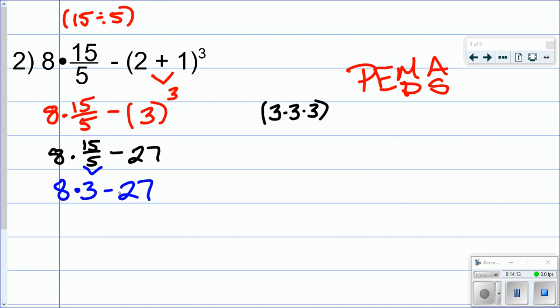Now I have multiplication and subtraction. Multiplication first, so that's 24 minus 27. Remember, you can change subtraction into addition. So we're going to keep the 24, change the minus to plus, and then you have to take the opposite of what comes after it.